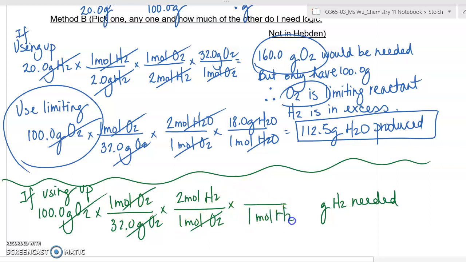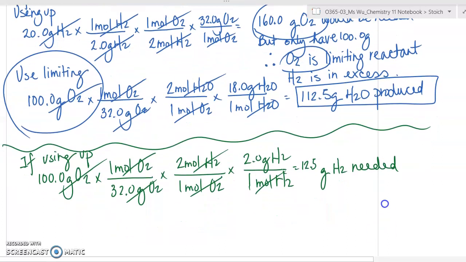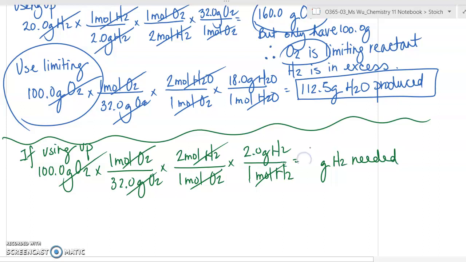And then finally, our molar mass of hydrogen. All right, and this time, getting my calculator out again. 100 divided by 32, times the 2, times the 2. 12.5 grams of hydrogen would be needed.